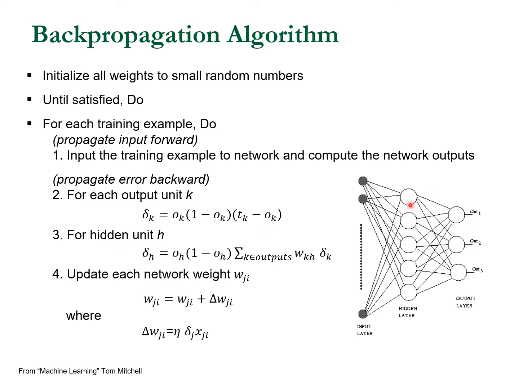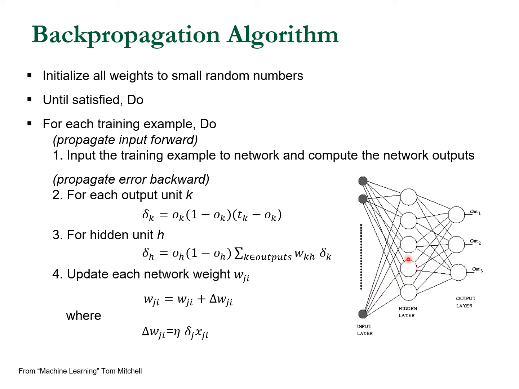And then we move on to the next layer, which is the hidden layer. For every hidden node H, we compute delta H, which is equal to OH, the output of node H, times 1 minus OH, times this one here. Let's say you're going to compute the delta value of a certain hidden node, let's say this one.